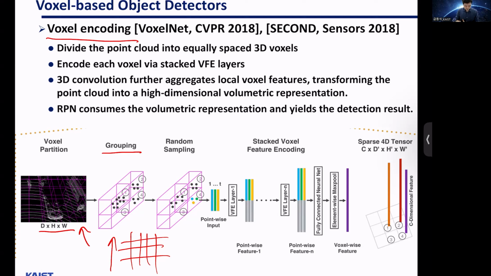You have a different number of points for each voxel, and then you do random sampling to downsample the number of points within the voxel, which reduces the number of points and also helps reduce computational load.